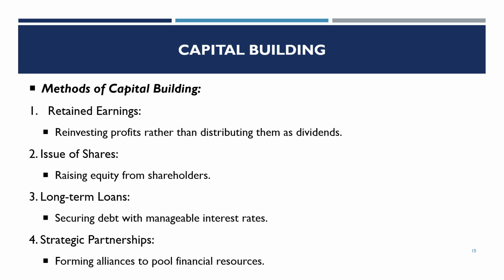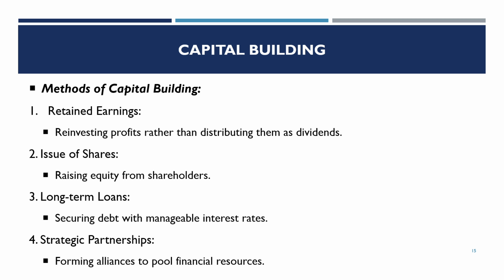First, retained earnings. One of the most reliable methods is retaining earnings. Instead of distributing all profits as dividends, businesses reinvest them into the operations or reserves. Simply, if you set up any business and you're getting the profits, those profits can be reinvested.